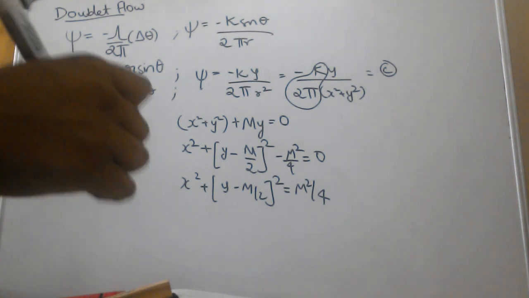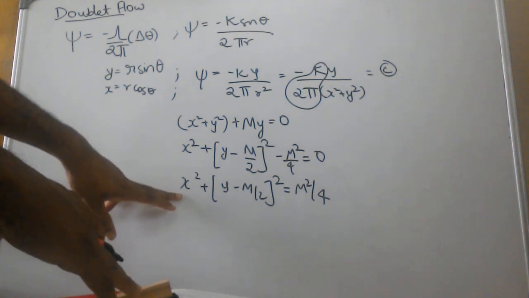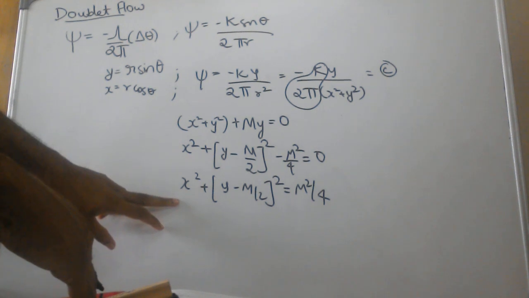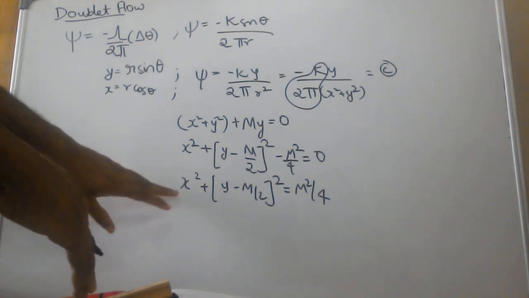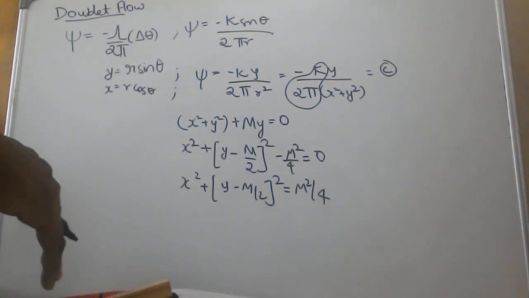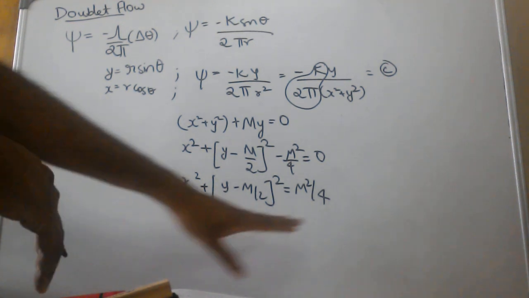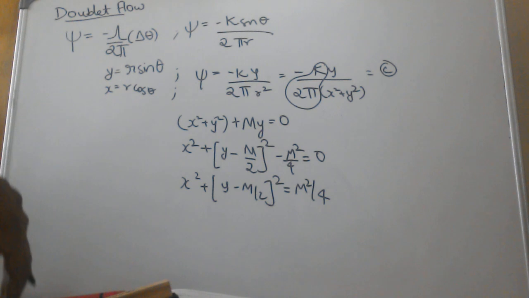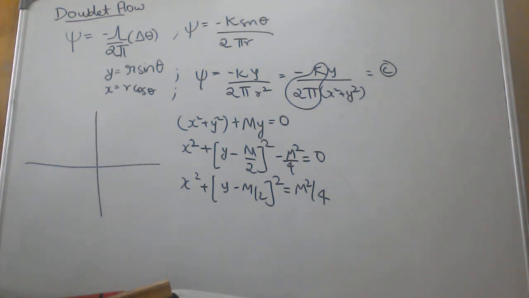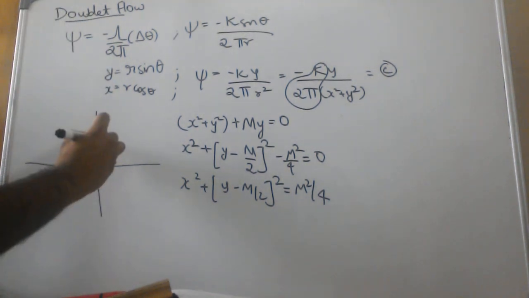And what are the properties of the circle? Where is it centered? It's clearly centered at x equal to 0, which is the y-axis, and it's centered at y equal to m by 2, the radius being m by 2. So if I had to plot this, the center would lie somewhere on the y-axis.